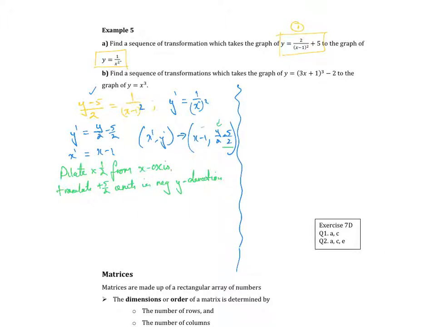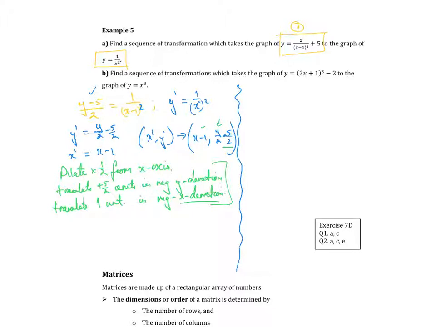And what's happening to my x? I subtract 1 from my x, so let's translate 1 unit in the negative x direction. All right. So that's how I turn 2 over (x minus 1) all squared plus 5 into 1 on x squared.